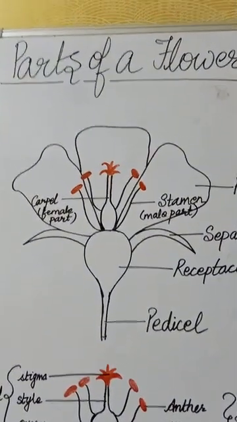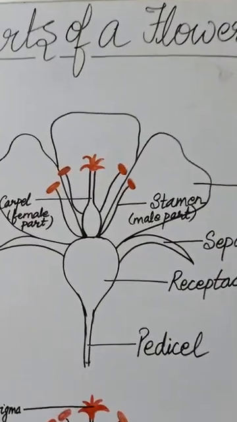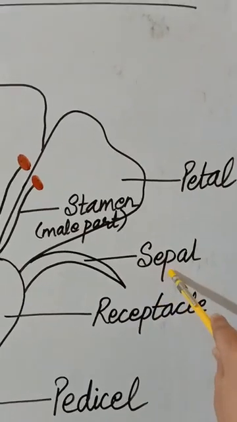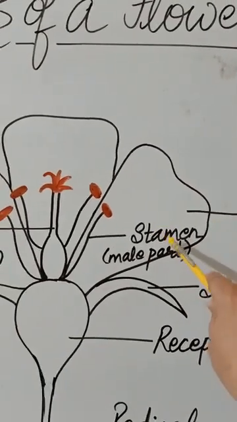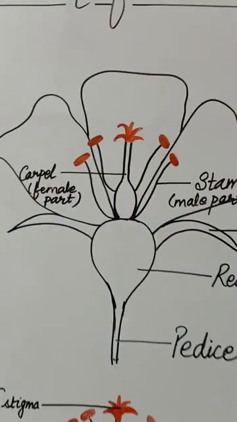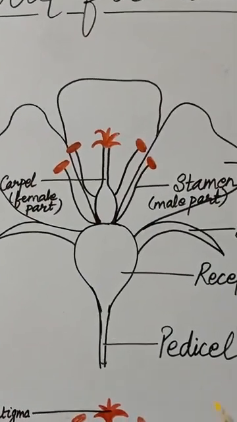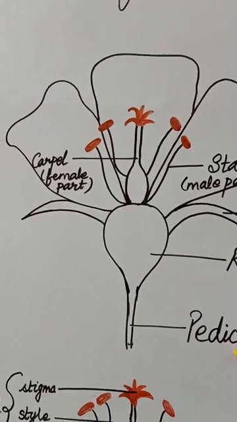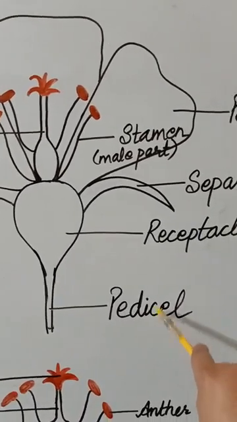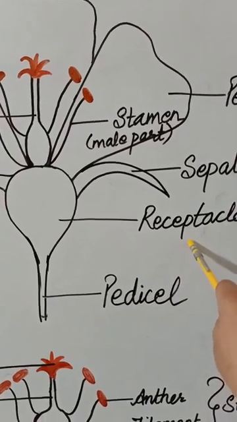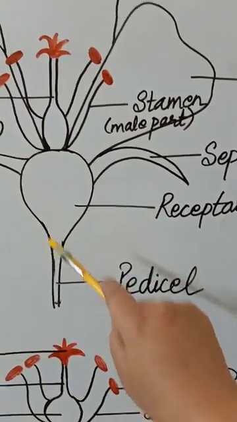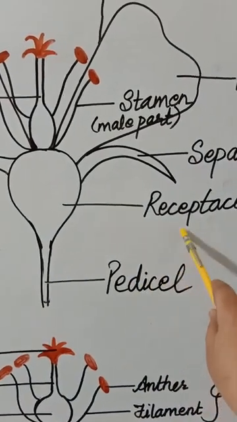As I told you, there are 6 parts of the flower: pedicel, receptacle, sepal, petal, stamen and carpel. Pedicel is the stalk of the flower, that means the main stem of the flower. Receptacle is a bulb-like structure which is just above the pedicel.